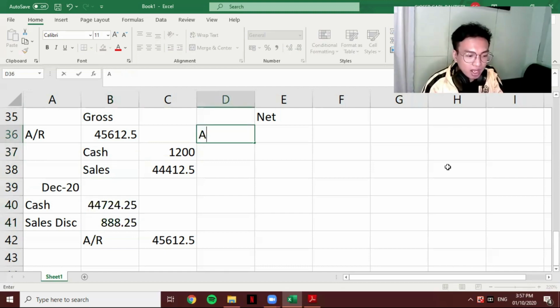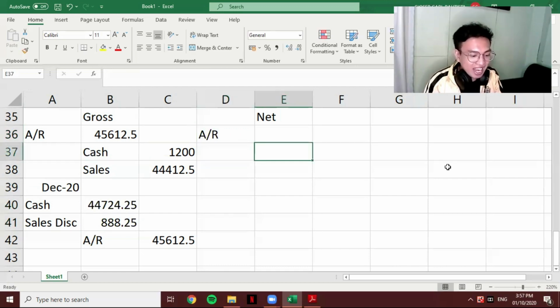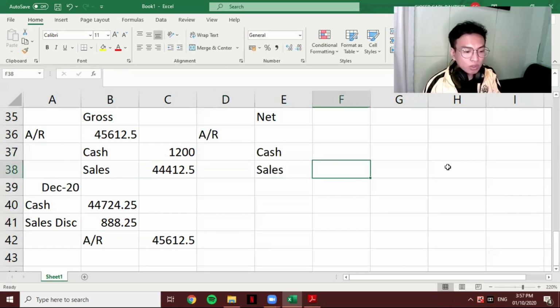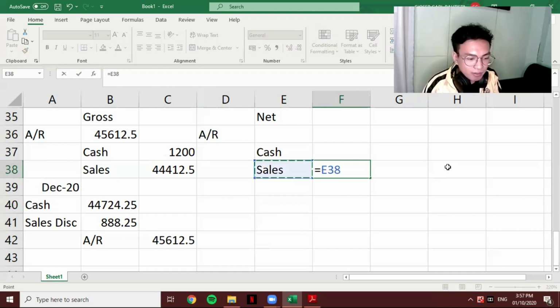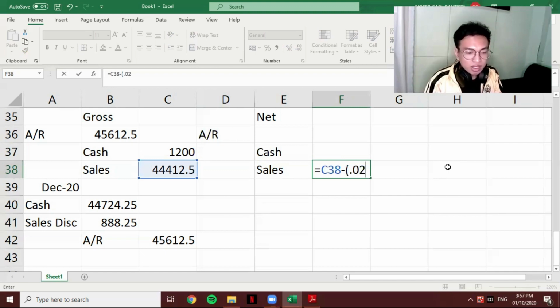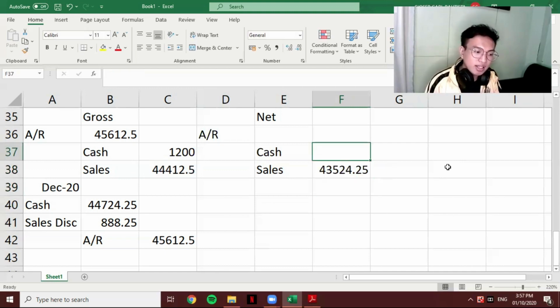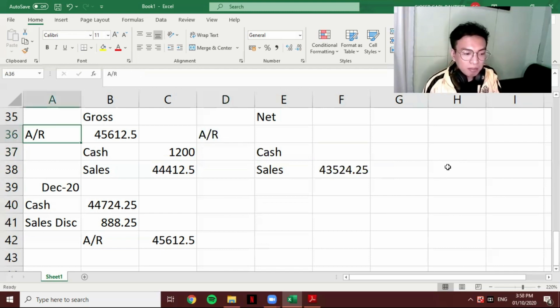Okay? What if net method yung ginamit natin, sir? Cash, diyan pa rin. And sales, same. The difference would be your sales will be deducted with further 0.02 agad, na discount even though wala pa tayong definite na discount at this day kasi invoice date pa lang to.